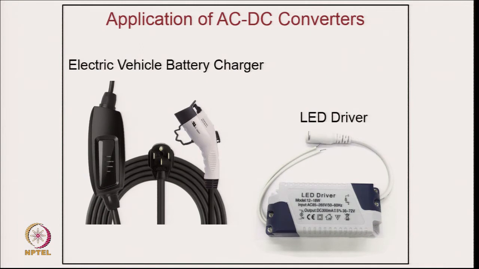Since the battery is DC, charging is done by DC, and the supply is normally either single phase or 3-phase depending upon the power. All the different kinds of vehicle chargers are now coming up.